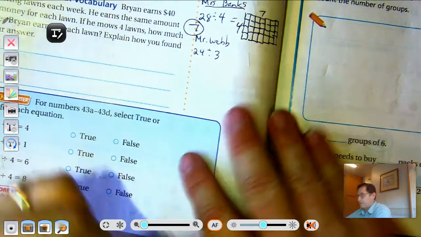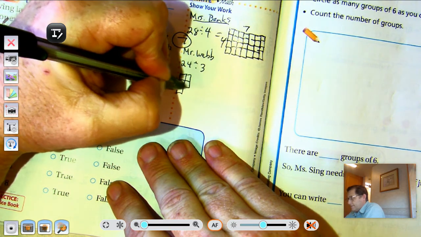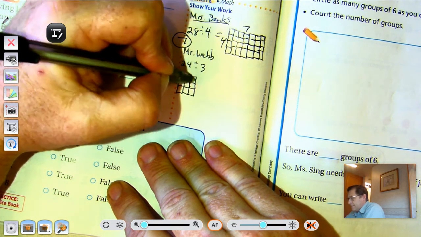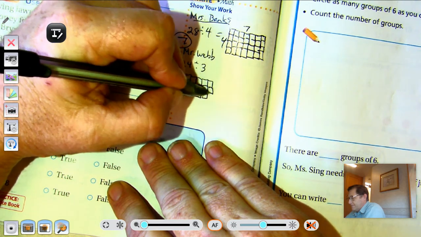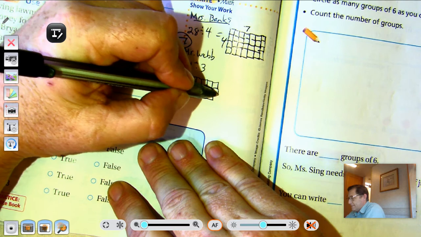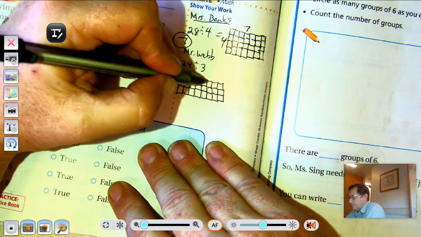Mr. Webb planted 24, and he has 3 rows. So 3, 6, 9, 12, 15, 18, 21, 24. 3 rows of 8.